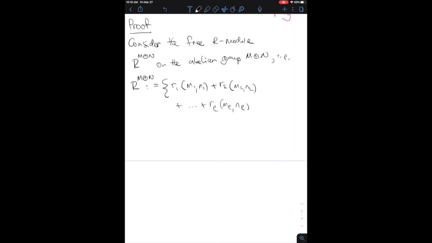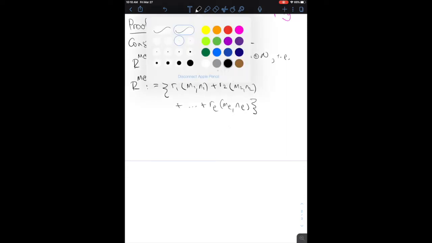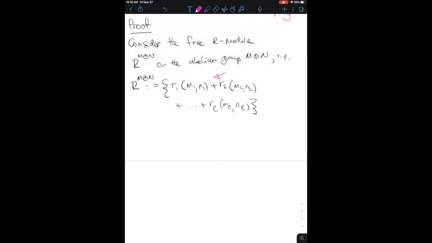So all finite linear combinations of elements in M plus N. And these are formal expressions.